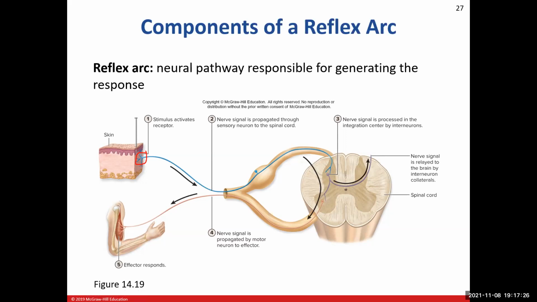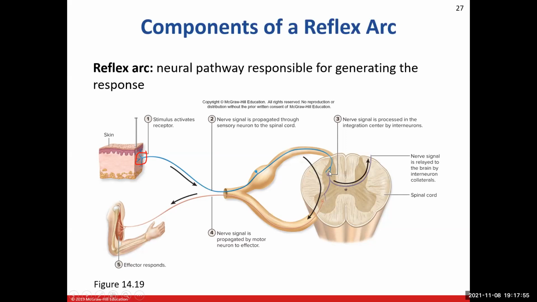In some reflexes, you may only have 2 neurons, and some will have 3 or more. Well, this drawing here shows that our sensory neuron synapses onto an interneuron, then that interneuron is going to synapse onto the motor neuron, and then send a motor command signal out to our effector organ. In this case, it's our biceps brachii, pulling your arm away from that sharp pin there that you hurt yourself.